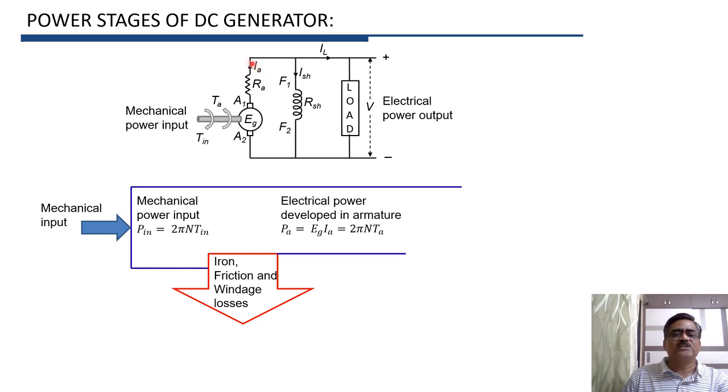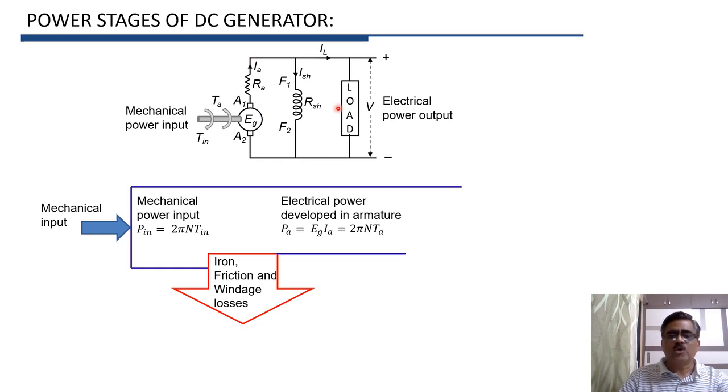So in armature there will be copper loss, that is Ia square into Ra, and in field again there will be copper loss, which is Ish square into Rsh. This power is wasted in the form of heat.